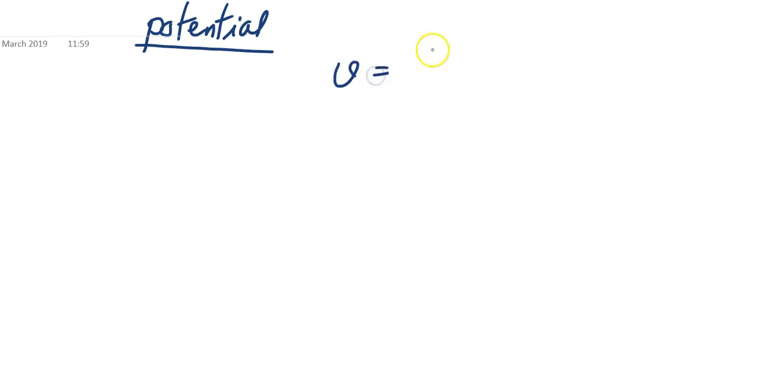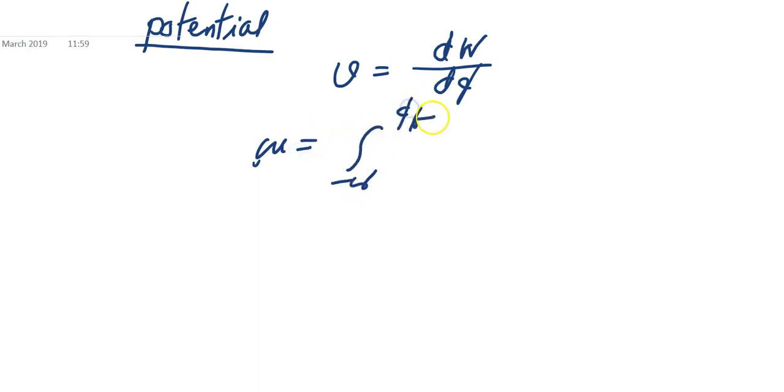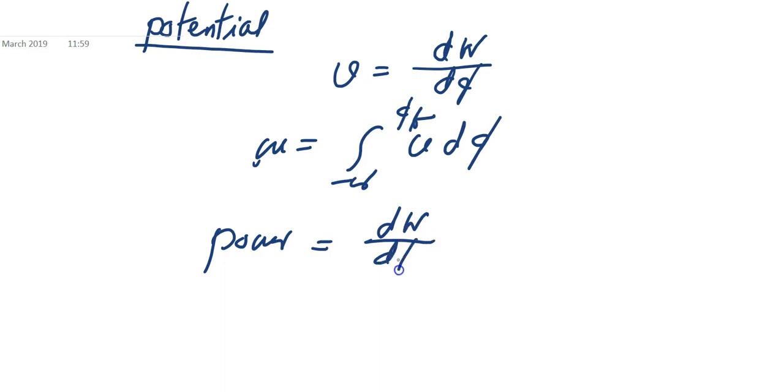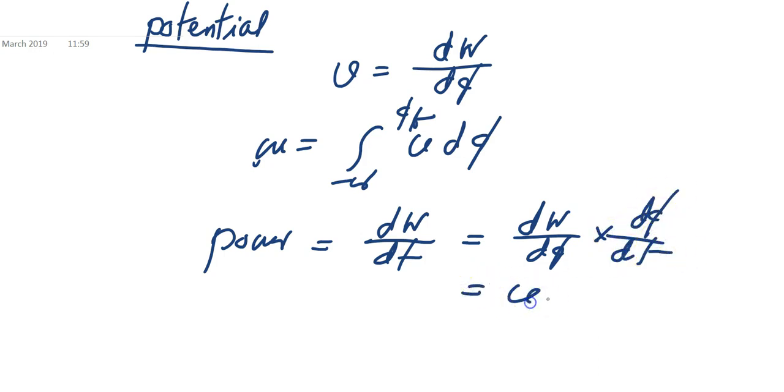We will discuss potential, which is an important parameter for electrical engineering. Potential v is the rate of change of energy with charge, and energy is the integral from minus infinity to the final charge of v dq. And your power is the rate of change of energy, dw/dq × dq/dt, which is voltage and current.